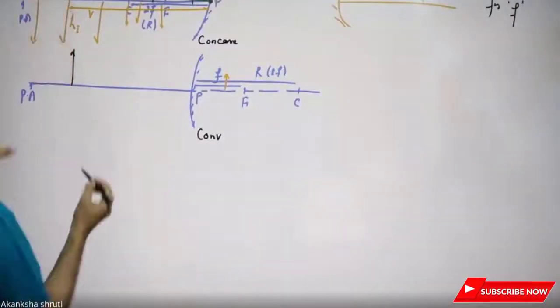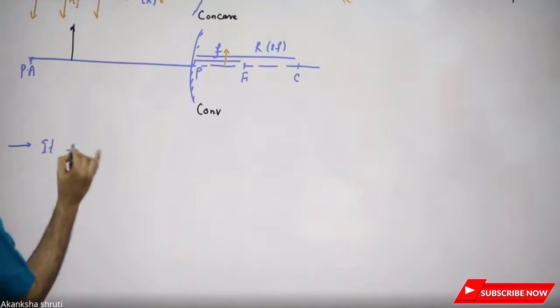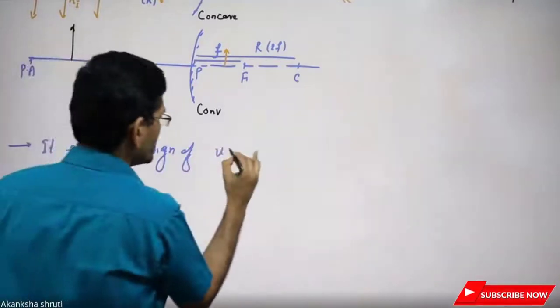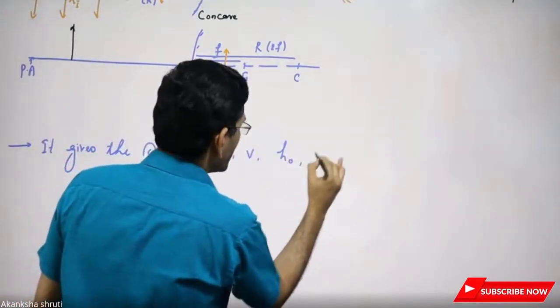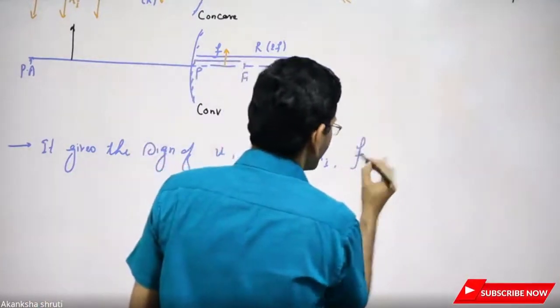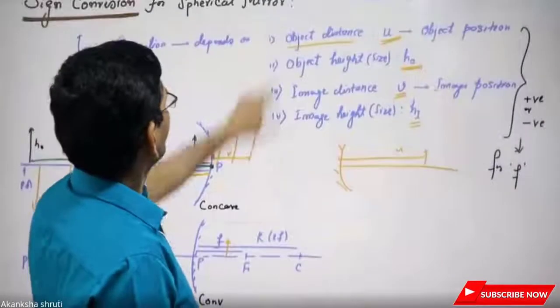So write, students: sign convention gives the sign of U, V, HO, HI, and F. F is the focal length. The symbols we have already written here.